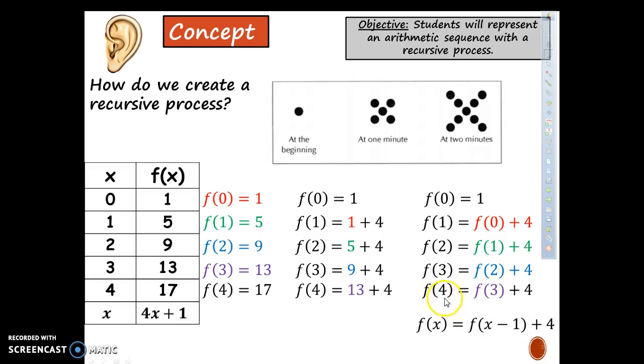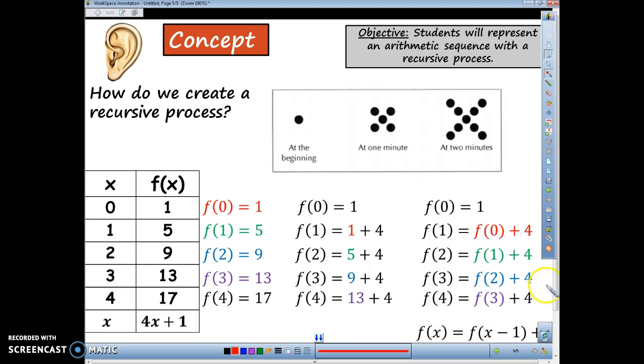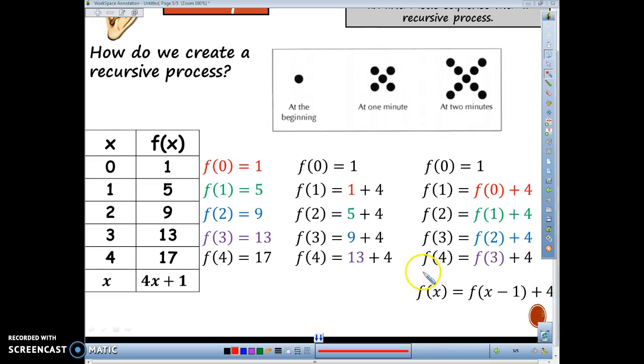I'll give you a concrete example. Say I wanted the amount of dots at 100 minutes. Well, that would be the amount of dots at 99 minutes. I'll write this down. So, for example, if I wanted f of 100, wouldn't that be the amount of dots I have at 99 minutes plus the 4?